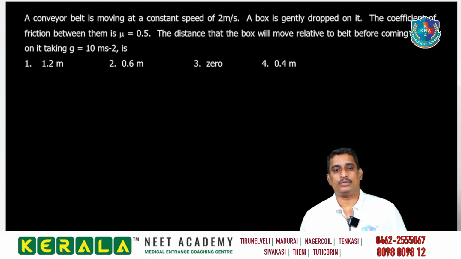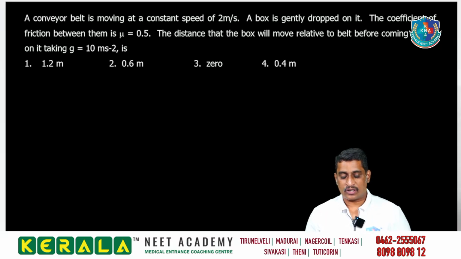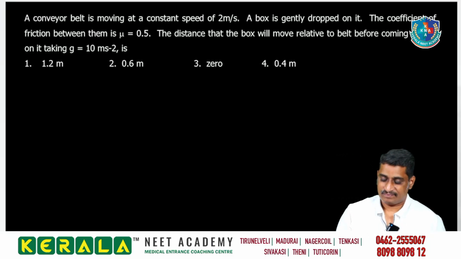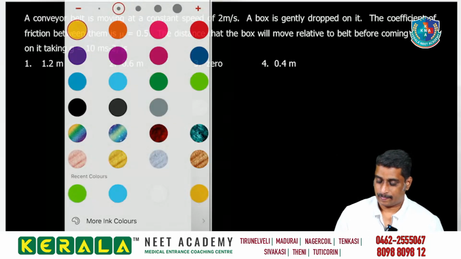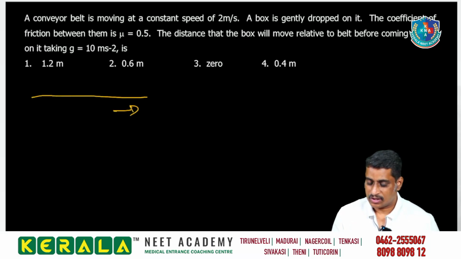Okay, look at this example. A conveyor belt is moving at a constant speed of 2 meters per second. A box is gently dropped on it. The coefficient of friction between them is 0.5. The distance that the box will move relative to the belt before coming to rest on it is... Here, one conveyor belt is moving with the speed 2 meters per second.